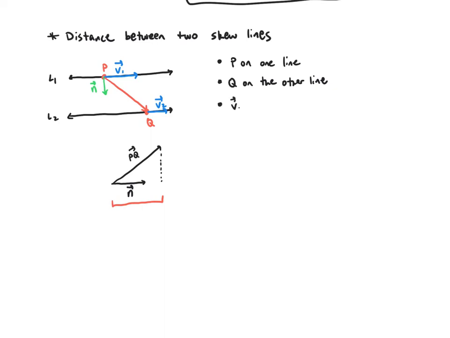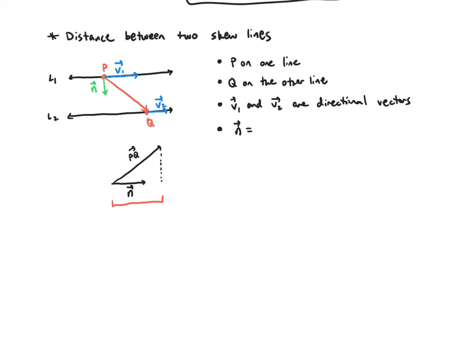We have the directional vectors, so v sub 1 and v sub 2 are directional vectors. And last but not least, we have this vector n, which, like I said, is going to be perpendicular, but it needs to be perpendicular at the right moment and in the right way. It has to point towards the other line.